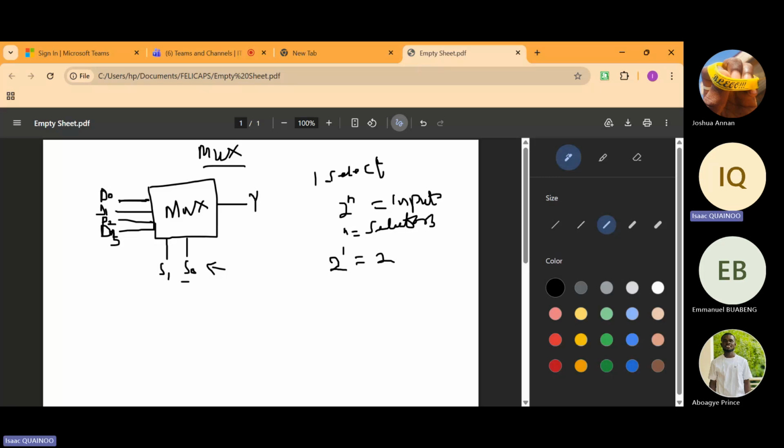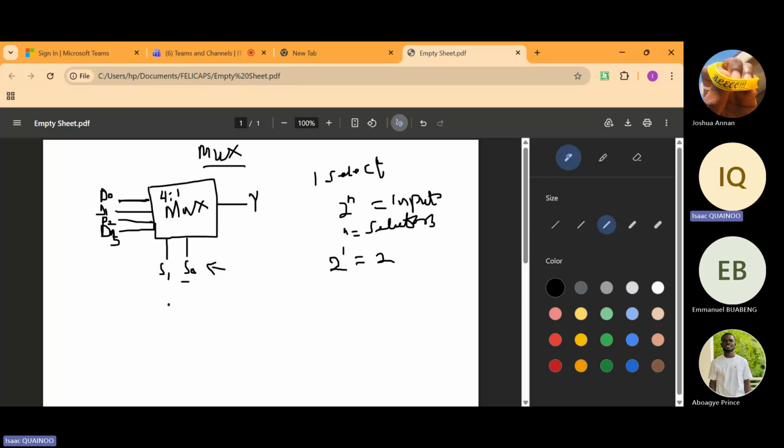So for example, this particular selector, we are going to call it a 4:1 mux. So a 4:1 mux is any multiplexer which has 4 inputs and 1 corresponding output with 2 select lines.